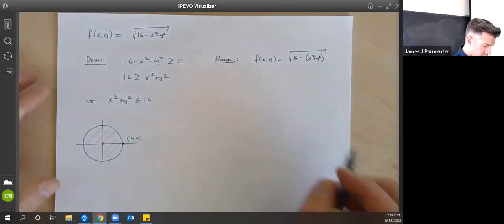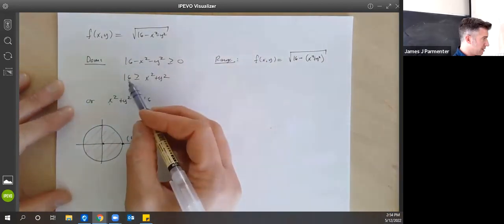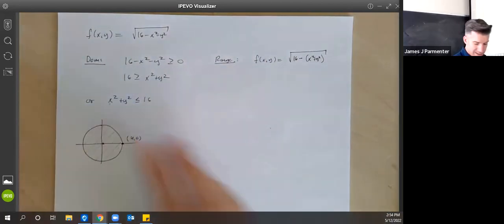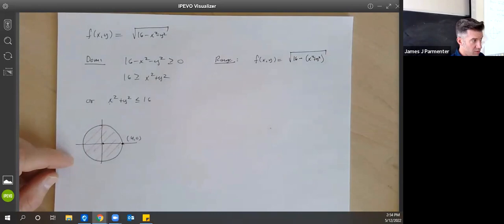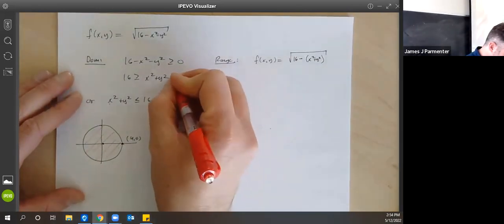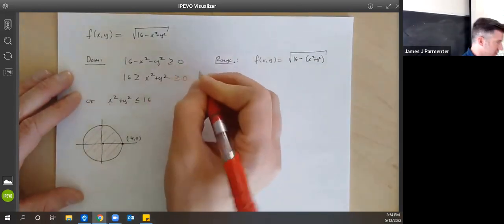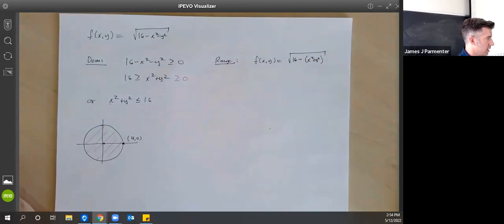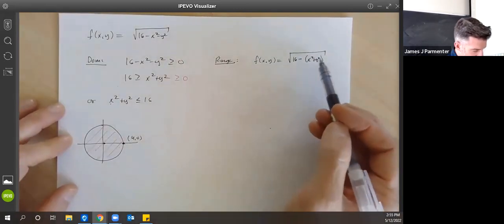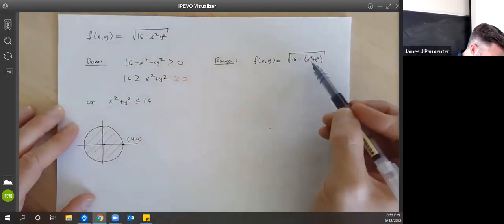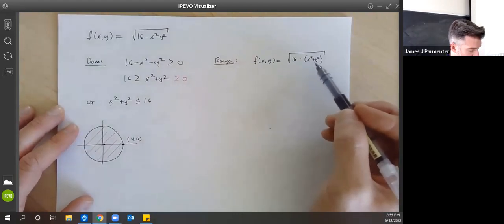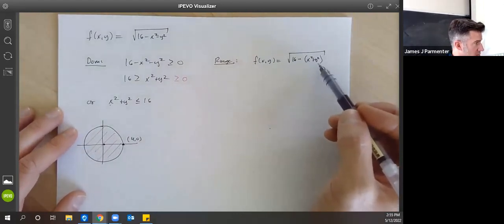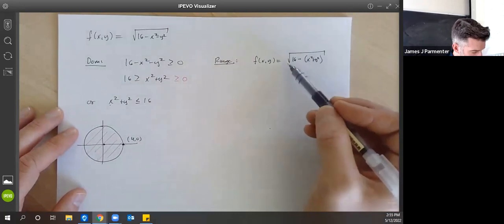And in addition to x squared plus y squared needing to be less than or equal to 16, it is also just true that something squared plus something else squared is always greater than or equal to 0. It can't ever be negative, at least if you're using real numbers. So if I look at this, the smallest x squared plus y squared can be is 0, which means I can get this to equal 4.